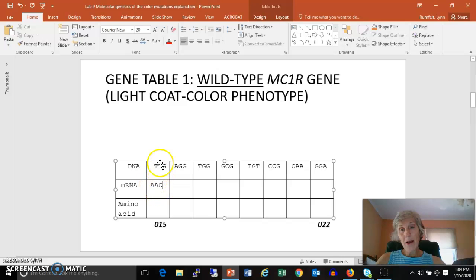And an A will hydrogen bond with a T. Even though it's an RNA nucleotide, it'll still hydrogen bond with a DNA nucleotide. An A will hydrogen bond with a T, and then a C will hydrogen bond with a G. And then here, there are no T's in RNA. So you must put a U, and then of course a C and a C. And then I'll do one more, an A and a C and a C.